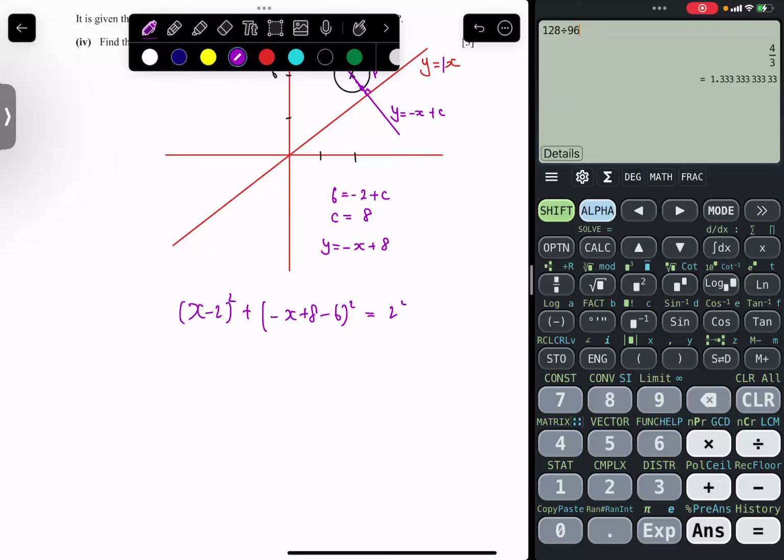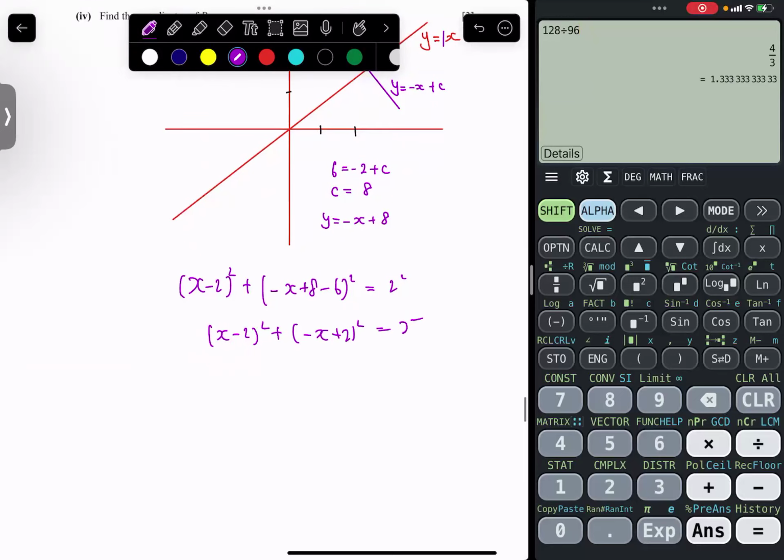In order to find the x, we have x minus 2 squared plus negative x plus 2 squared equals 2 squared. So x squared minus 4x plus 4 plus x squared minus 4x plus 4 equals 4.